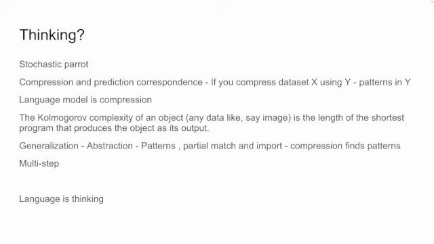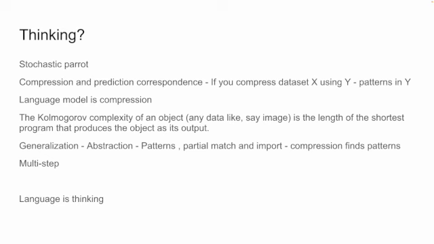But the other way to look at it is that in order to do prediction, it has to do a great amount of compression, and there is a one-to-one correspondence between compression and prediction.